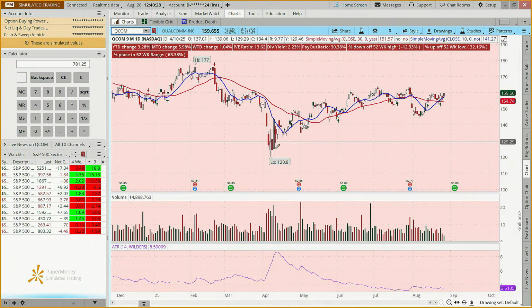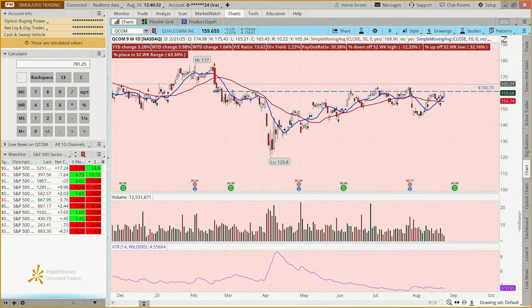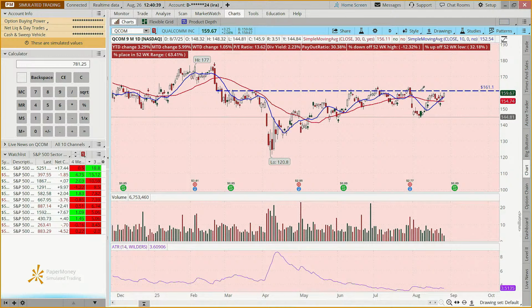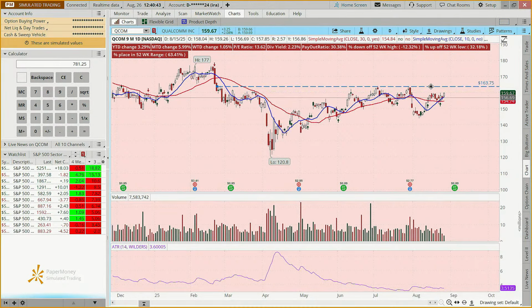When I look at Qualcomm, I see a couple of things. One, it seems to me we've got kind of a ceiling in this area. I activate this kind of around here.